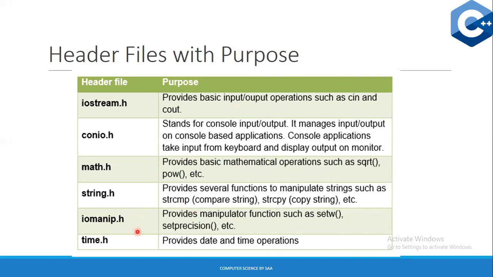Then iomanip.h provides the input output manipulator functions. Manip is short for manipulators, and we use setw, setprecision, and endl manipulators by using this header file.